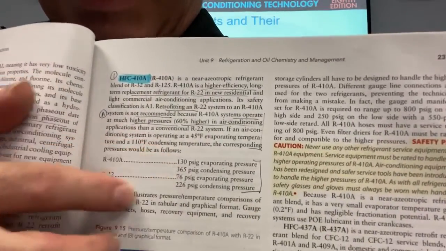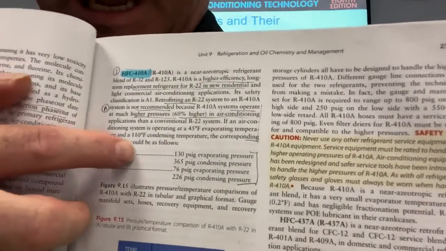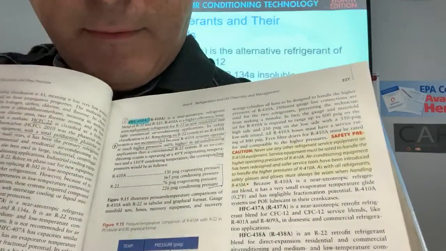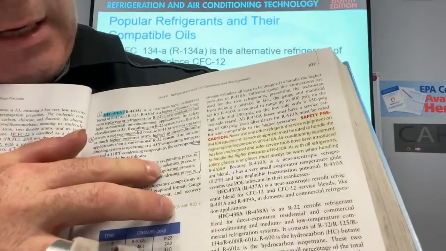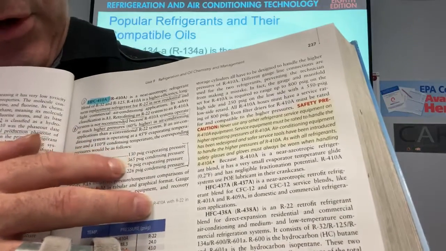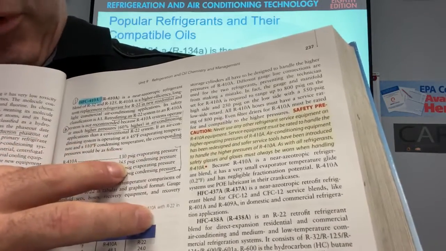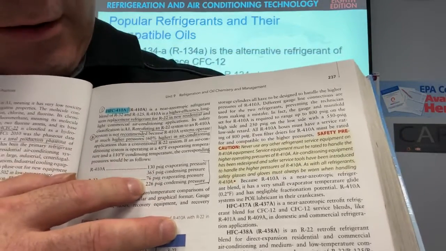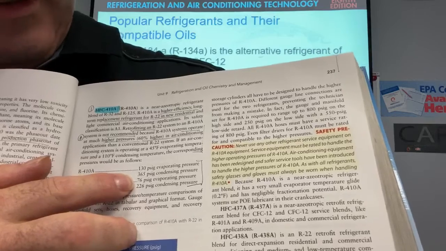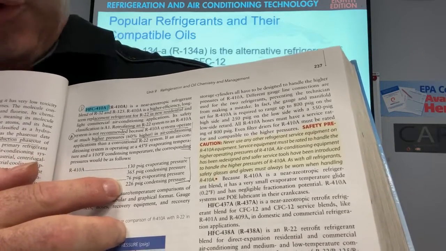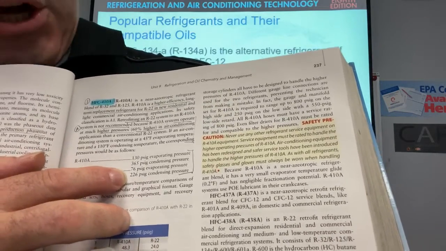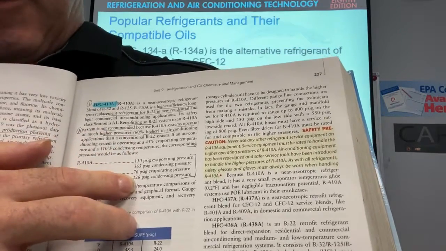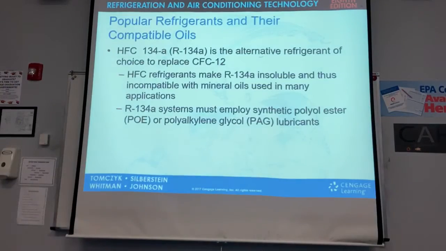Okay, look right here. 410A: evaporator pressure 130, condenser head pressure 365. Okay, but look at your refrigerant here of R22. You got a 76 evaporator pressure and a 226 head pressure. Notice the difference in pressure. Big difference in operating pressure.